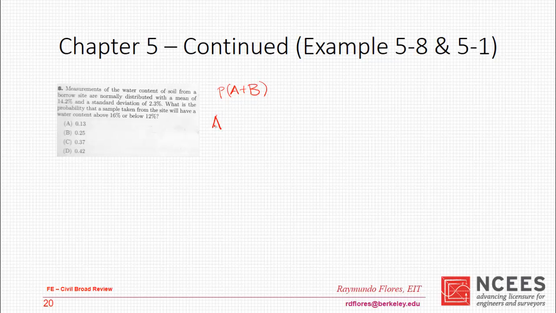In our circumstance, A is the event in which X is less than 12%, and event B is X is greater than 16%. So you're basically calculating P of X less than 12% or X greater than 16%. And by the way, remember, both of the distributions, normal and binomial, do not use intersections. You can just sum it up.